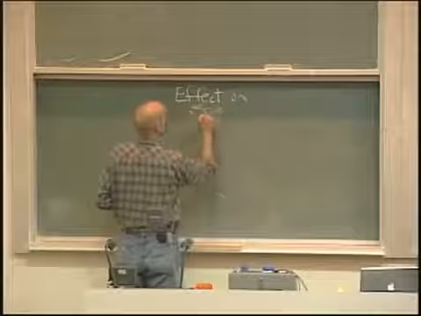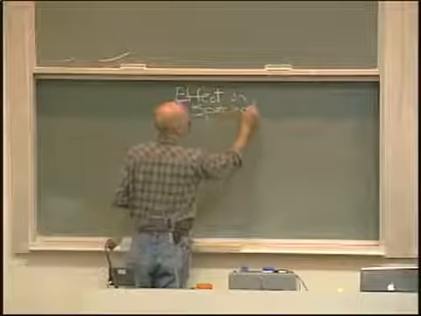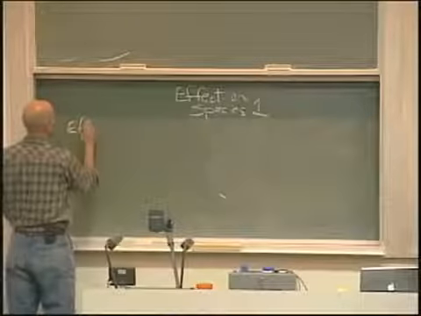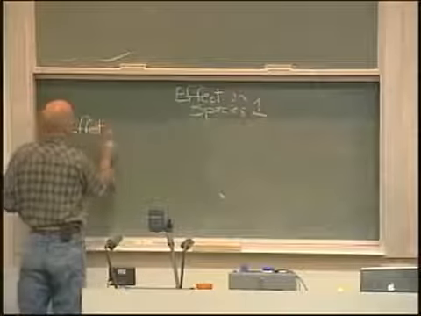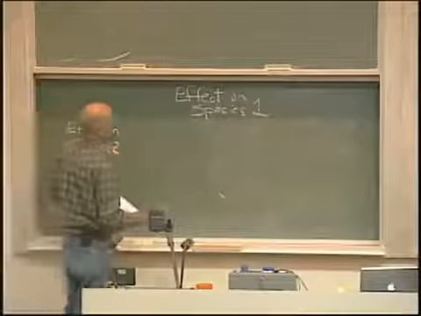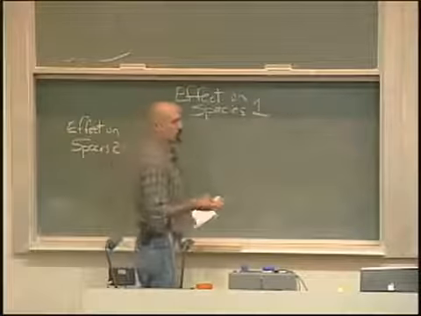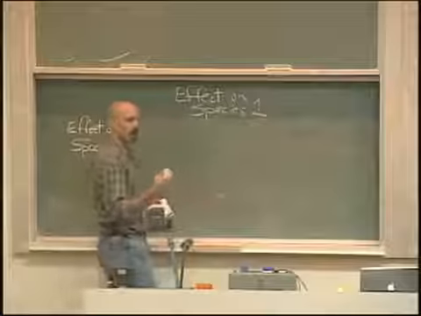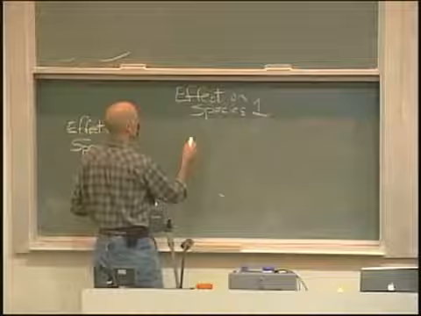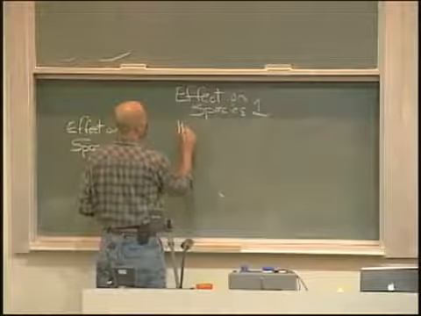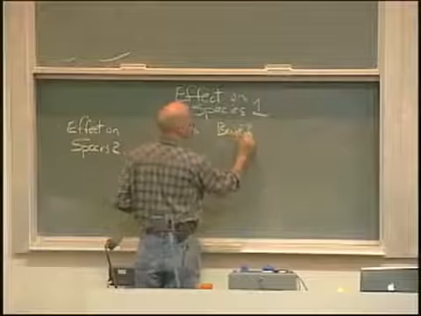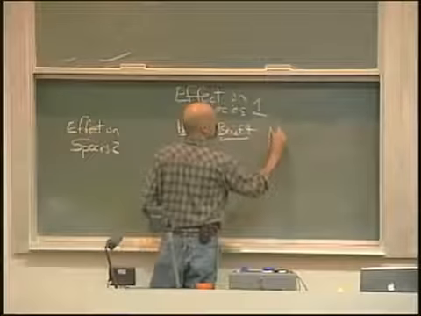Effect on species 1, and the effect on a second species. We're simply using a scheme of a positive effect, a negative effect, or a neutral, no effect. So we can speak in terms of a harm, a benefit, or no effect.